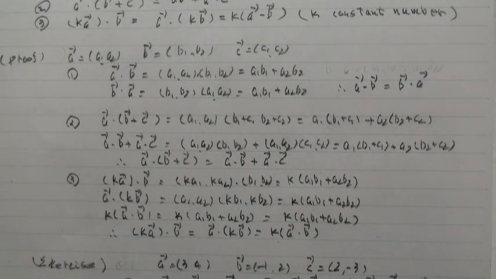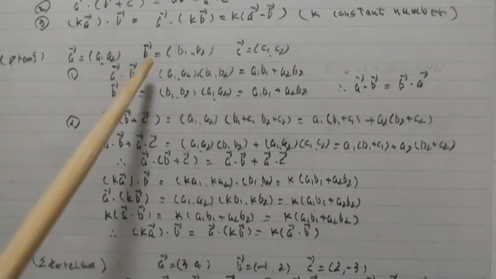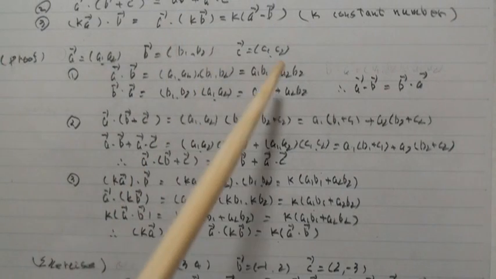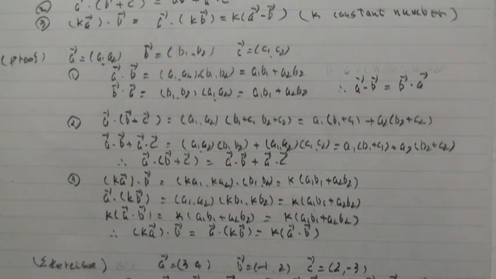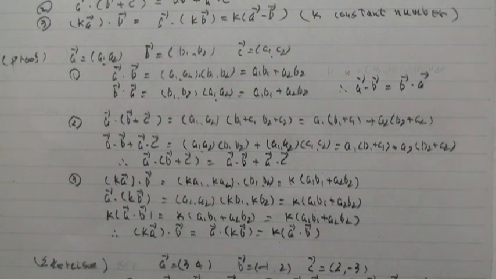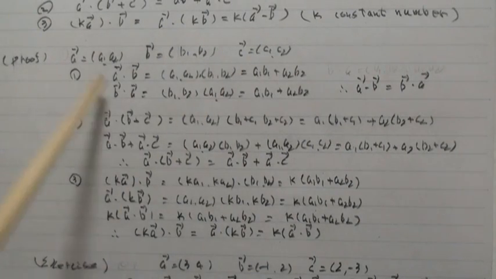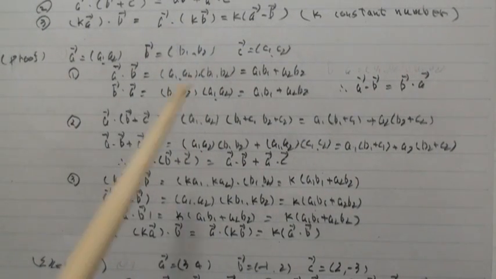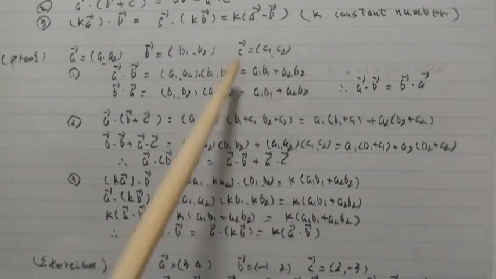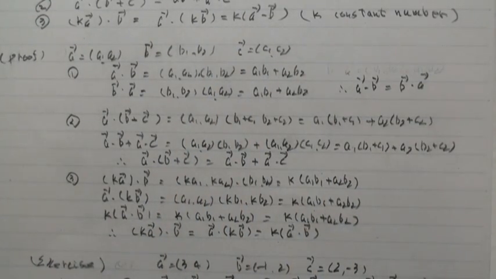Step 1: A·B equals, by component calculation, A1 B1 plus A2 B2, by parenthesis 1. And B·A equals, by component calculation, this is then equal.